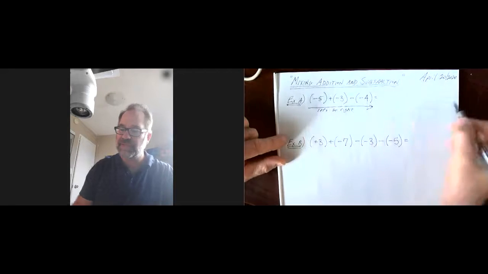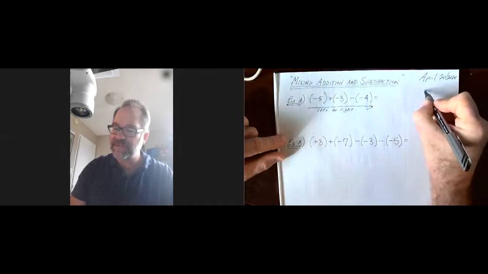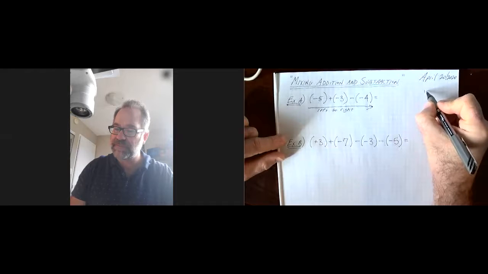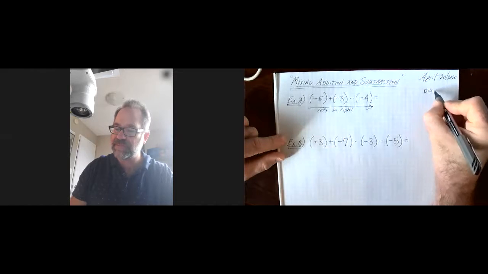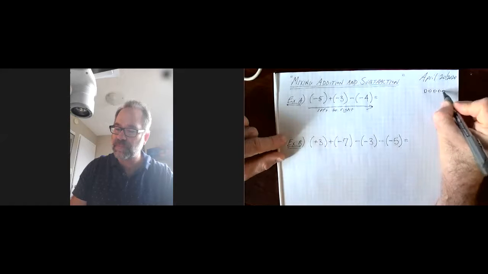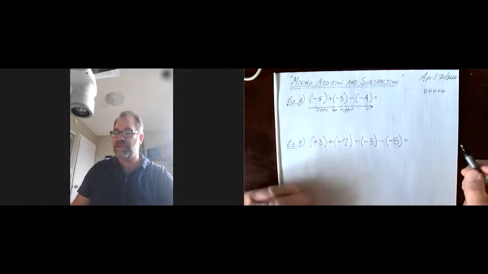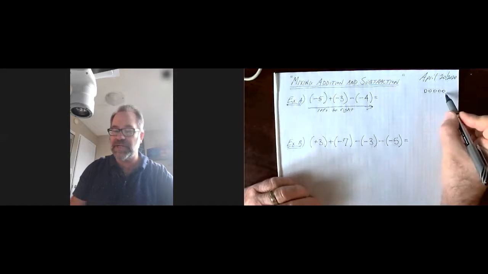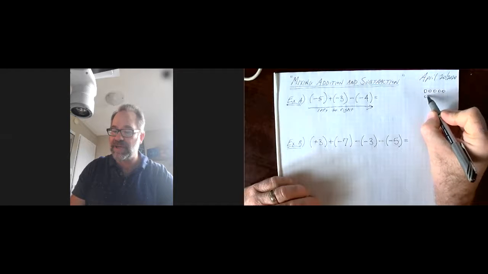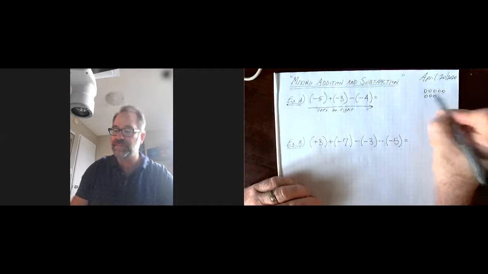If we drew a little bit of work off to the side, we've got -5. Those are going to be our non-shaded, and then we're going to add on 3 more negatives. So each of these is negative.